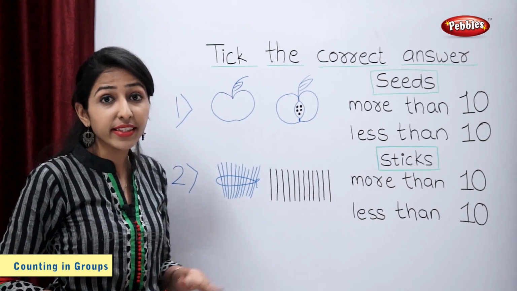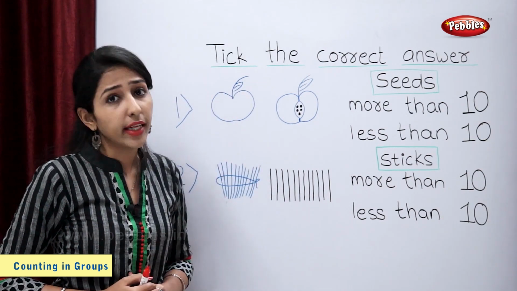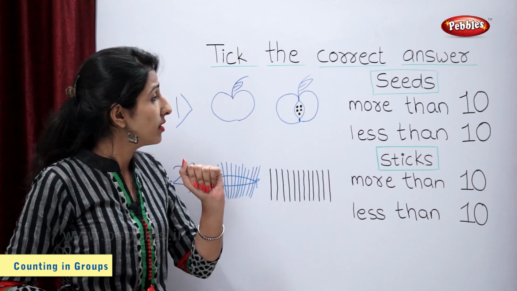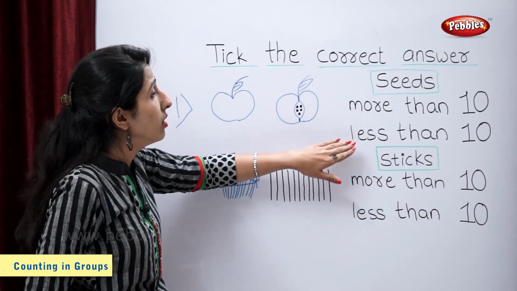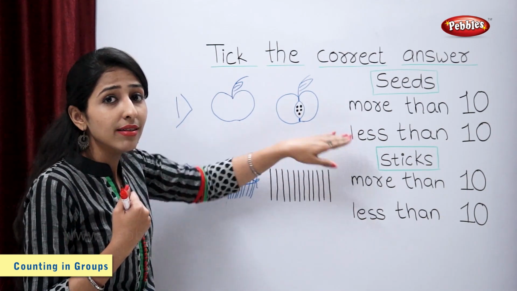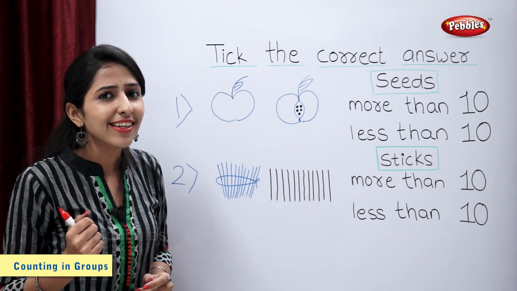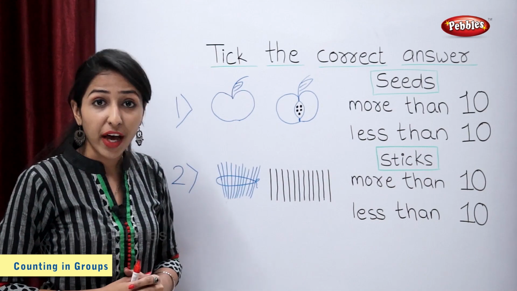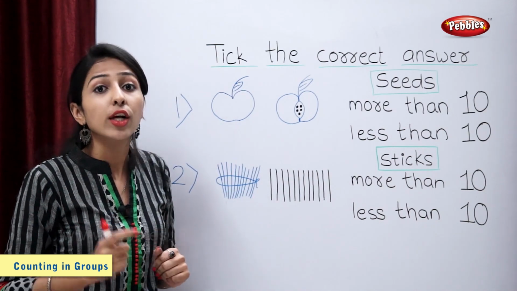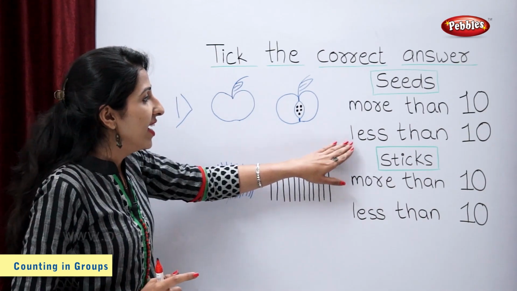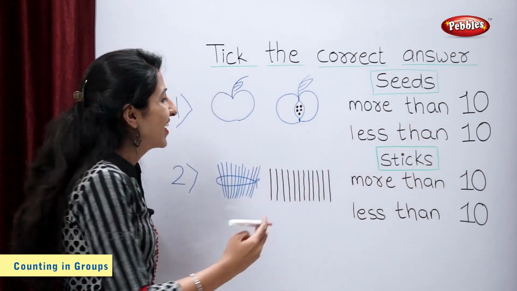So this apple has 5 seeds. Tell me students, 5 is more than 10 or less than 10? Tell me. Correct. 5 is less than 10. So this apple has less than 10 seeds.